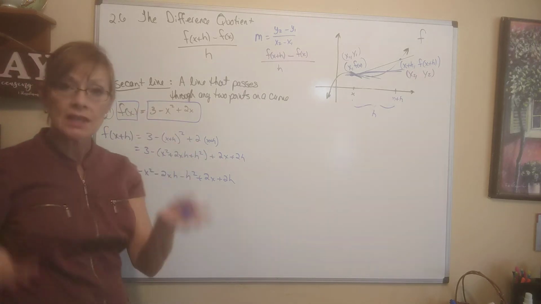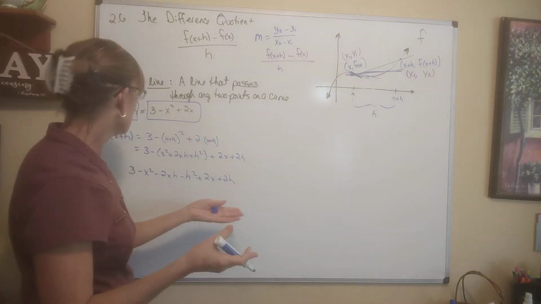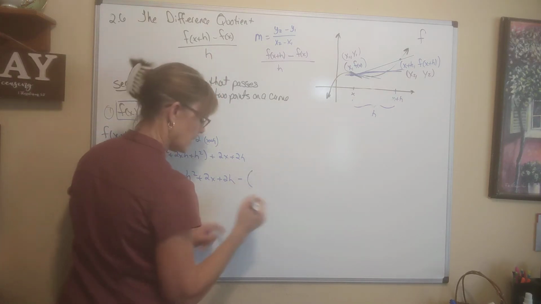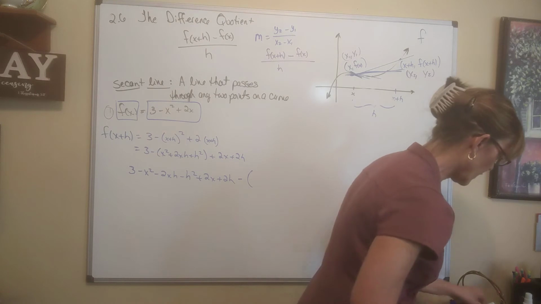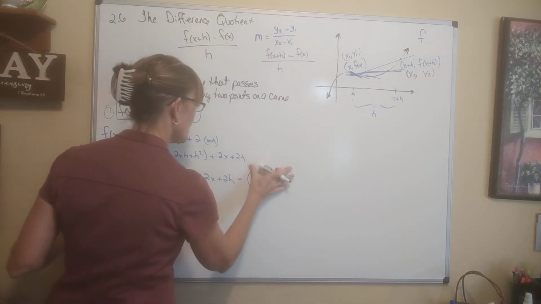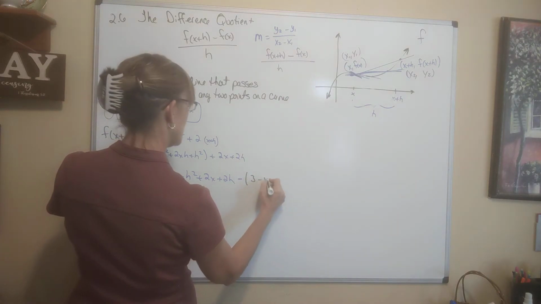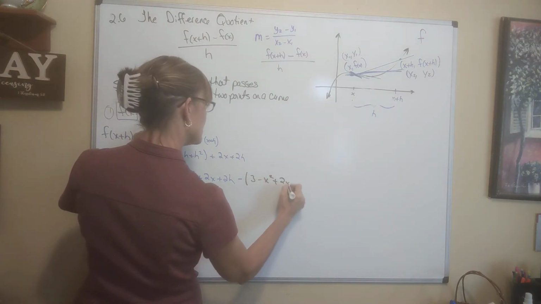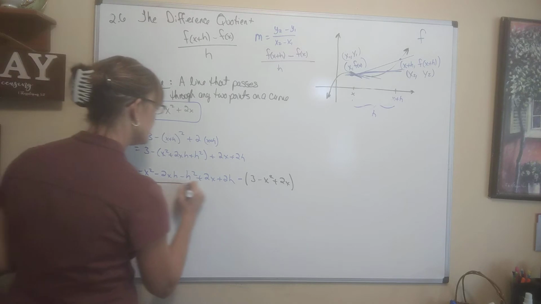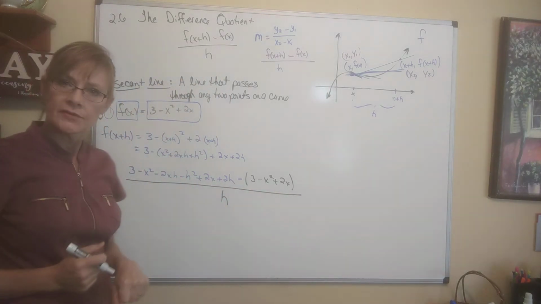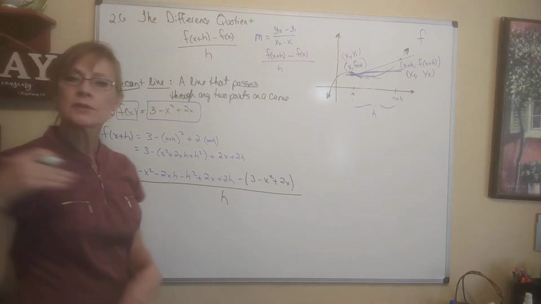Whatever function they give you, that will be what it is. So this is minus, and let's put in f of x. F of x is the given function right here. Minus 3 minus x squared plus 2x all over, you just write this down, all over h. We have constructed the difference quotient. What's left to do is to simplify it.